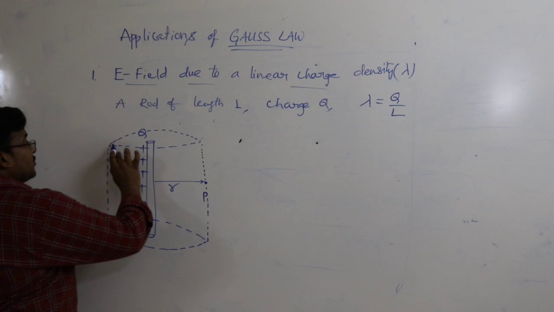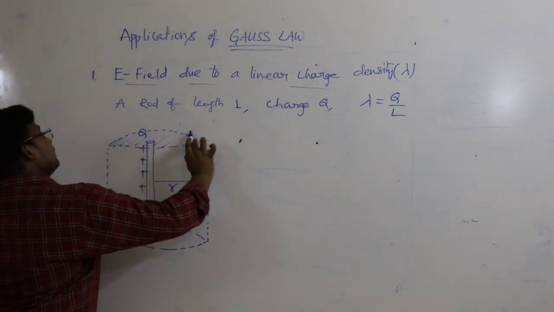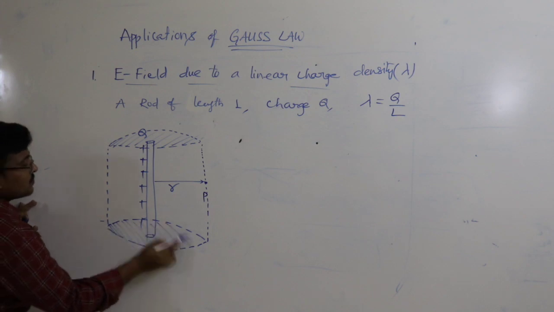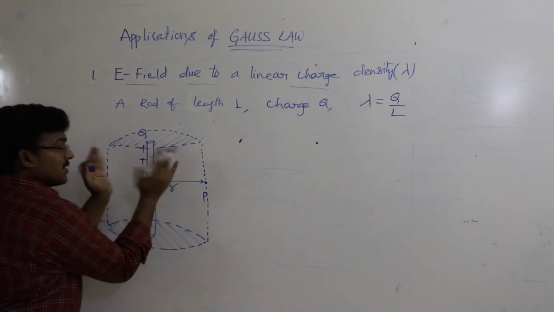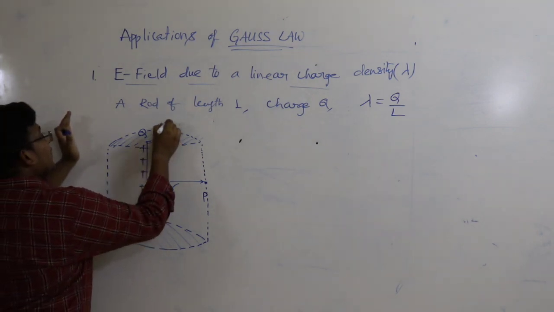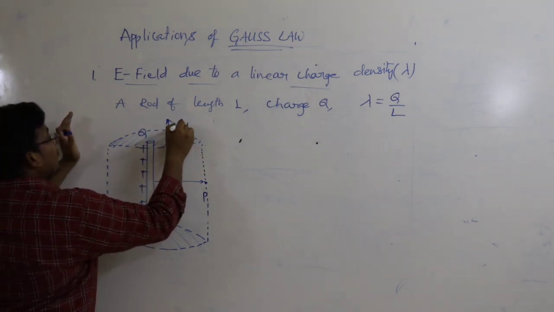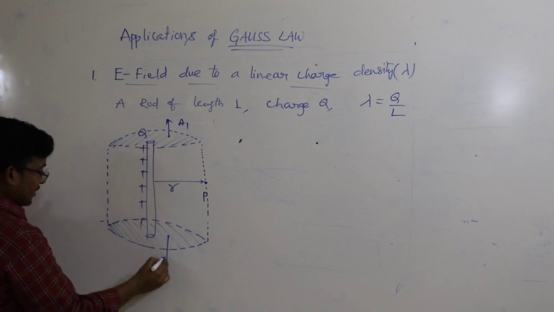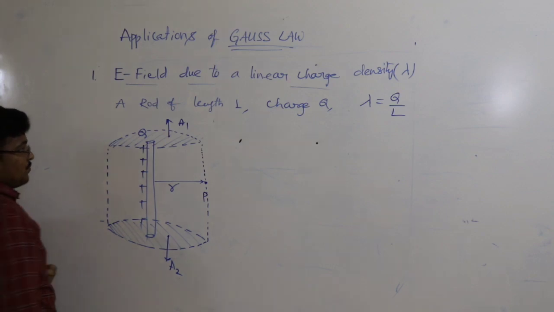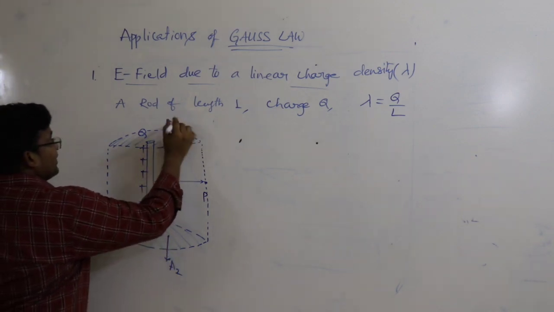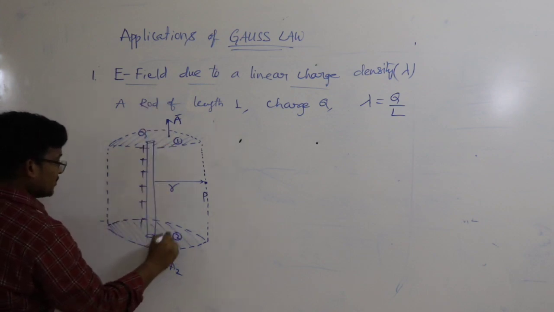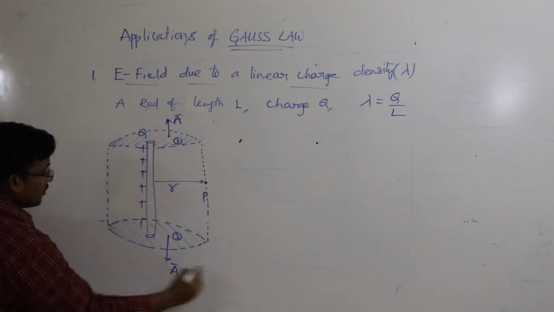Now here we have this one area, this is one more area, and it is closed, and you know this is a curved surface. Here I will take this area vector as A1 and this area vector as A2, but you know that both are the same, so I can take the first surface as A bar, and the second surface also A bar.